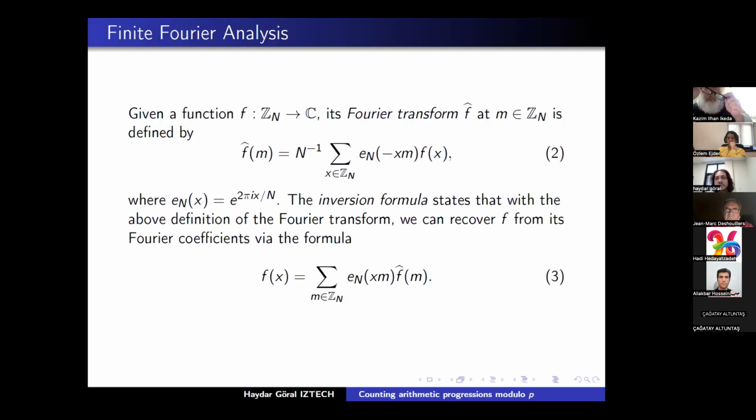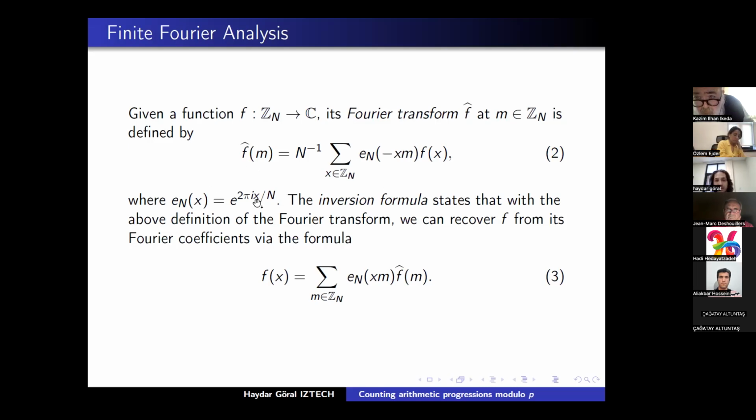But what else? We also need finite Fourier analysis. If you have a function from the cyclic group Z_n to C, its Fourier transform is another exponential sum. This is reminiscent of the standard Fourier transform on the reals.